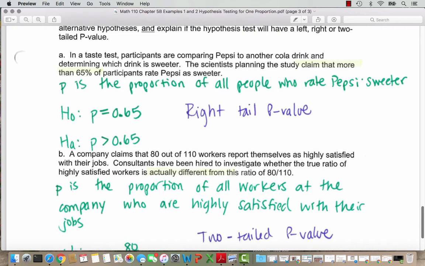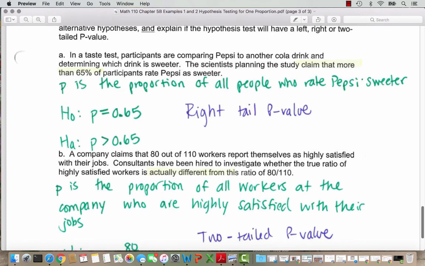So the first thing I want to do is define my proportion. I say here lowercase p is the proportion of all people who rate Pepsi sweeter. My null hypothesis has to have equality in it. So I'm going to say the proportion is equal to 0.65, since we're using the 65% value for our comparison. So my null hypothesis, H sub 0, is p equals 0.65.